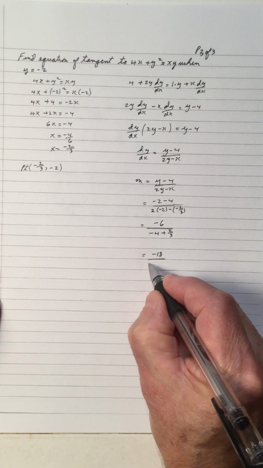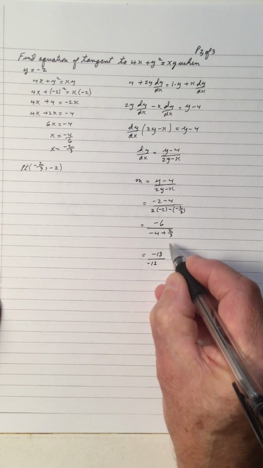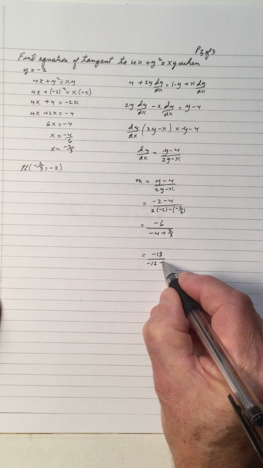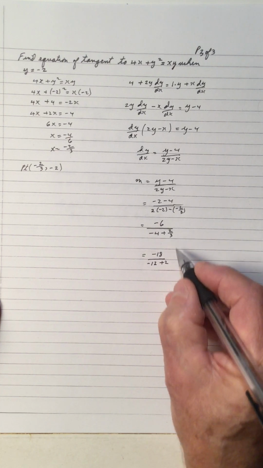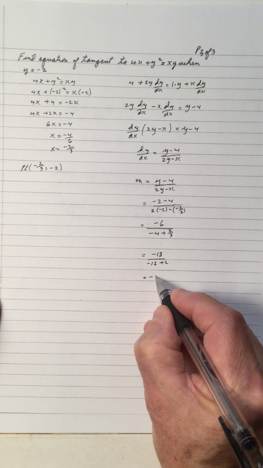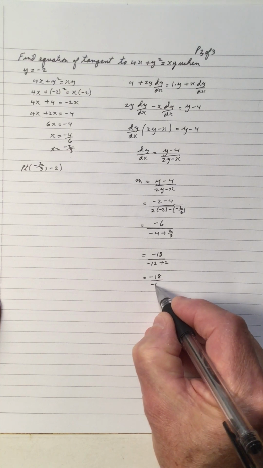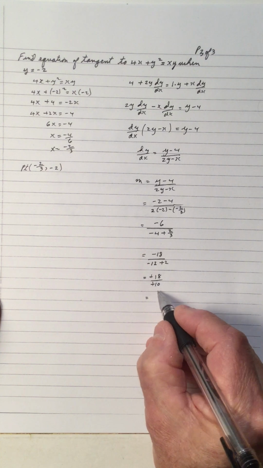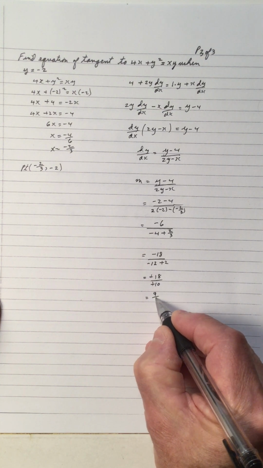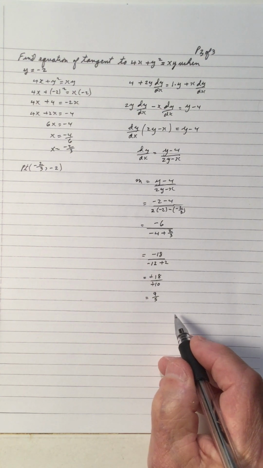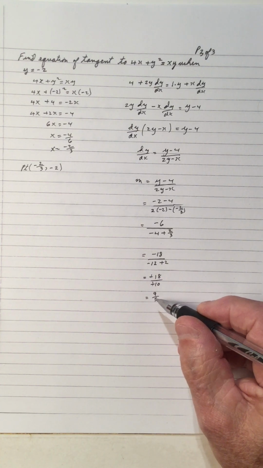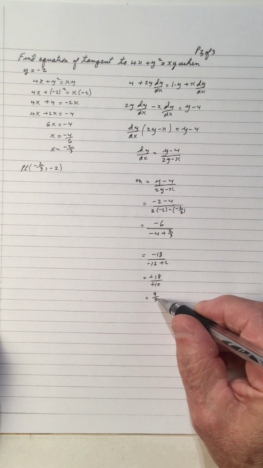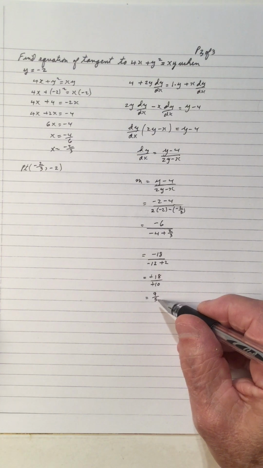Negative 4 times 3 is negative 12, and 2/3 times 3 is plus 2, because the 3's cancel out. So that gives me negative 18 over negative 10, and the negatives become positive, so it's 9 over 5. So we have the slope of the tangent, which is 9 over 5.